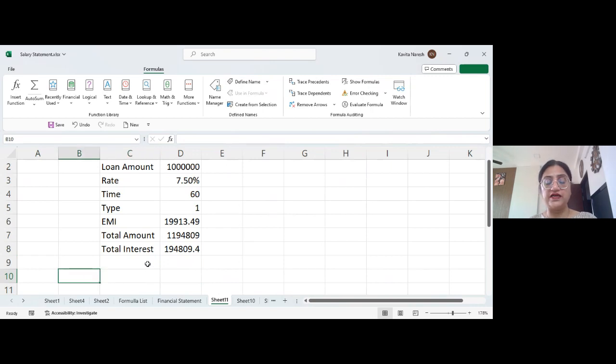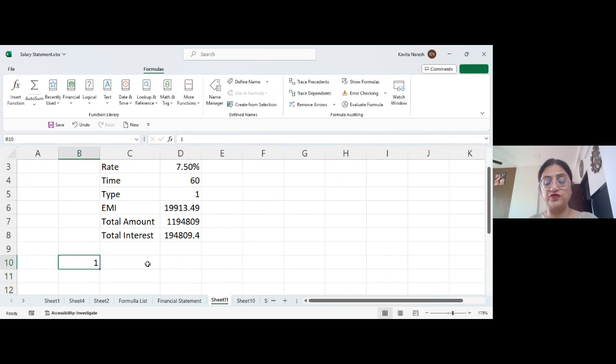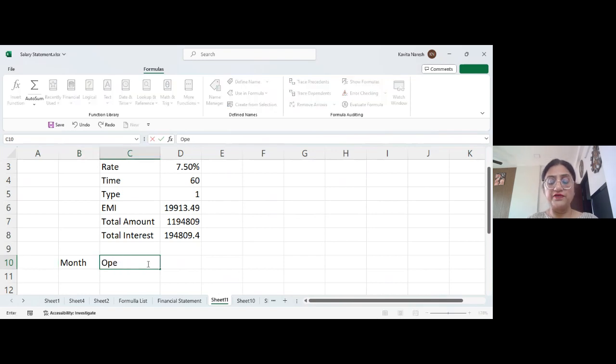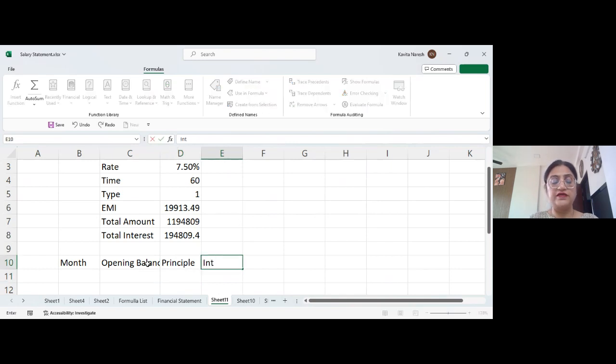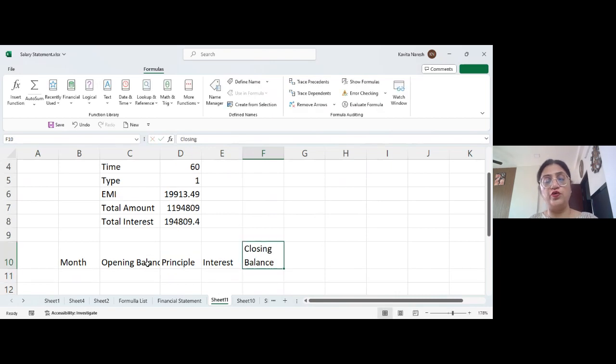Yesterday we created the amortization chart. Suppose I am taking here the month, opening balance, then principal, interest, okay, and closing balance. No need to use your own mind.